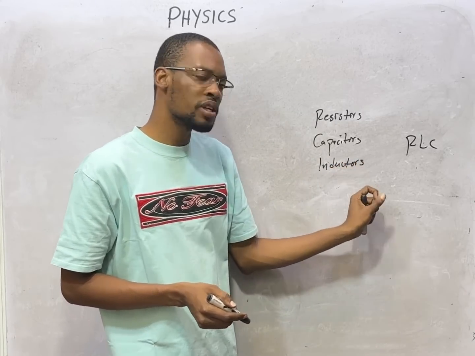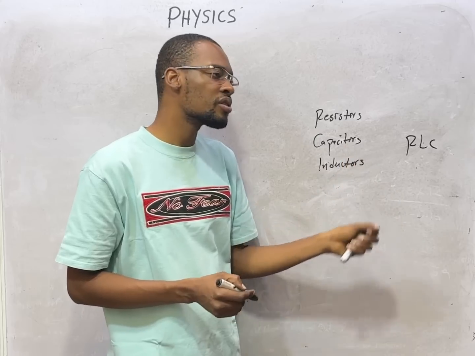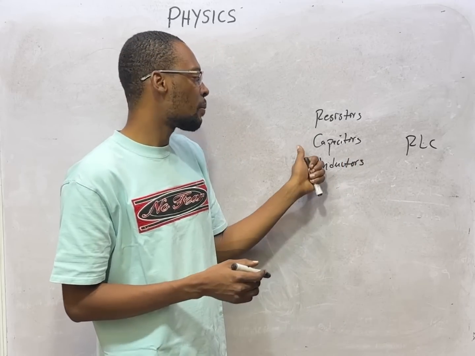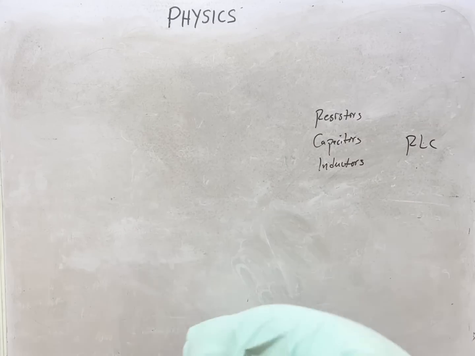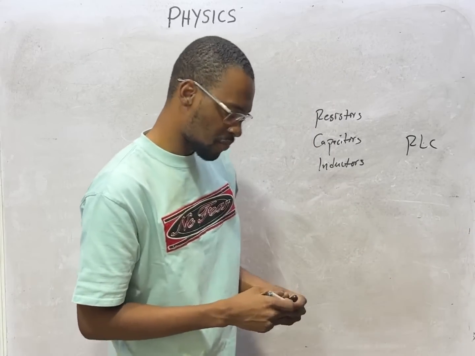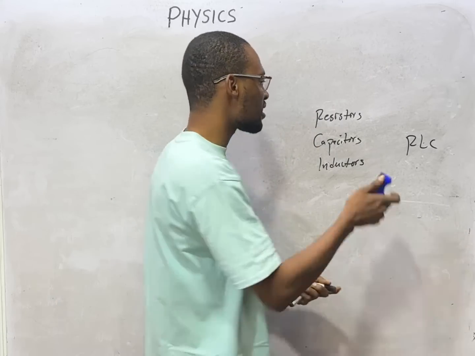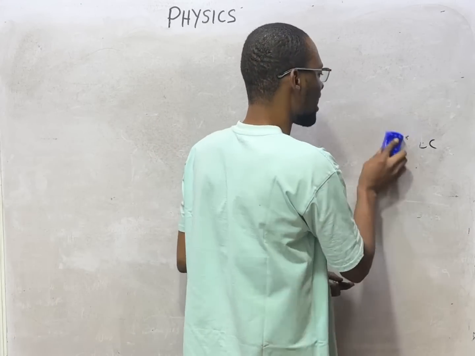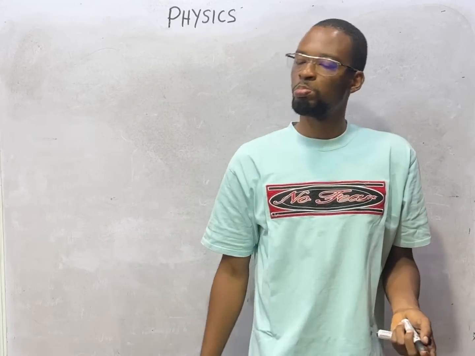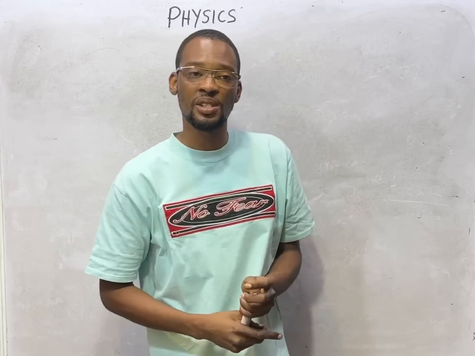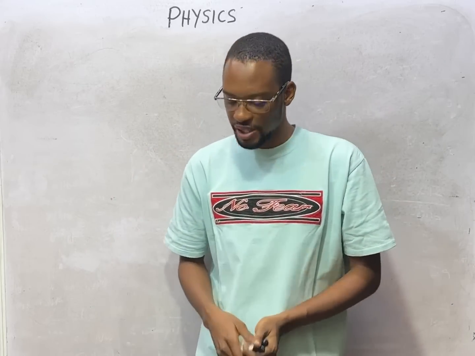Opposition to the flow of current offered by capacitors and inductors, we call reactance. For capacitors, capacitive reactance. For inductors, inductive reactance. And you see a resonance in the circuit. The good news is that capacitors have been treated, and alternating current circuits have been treated.